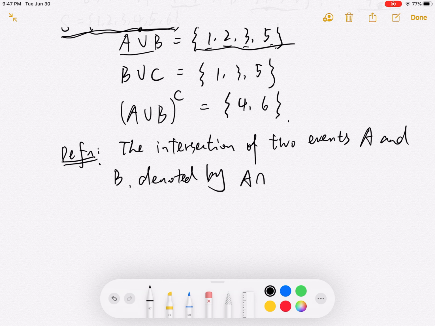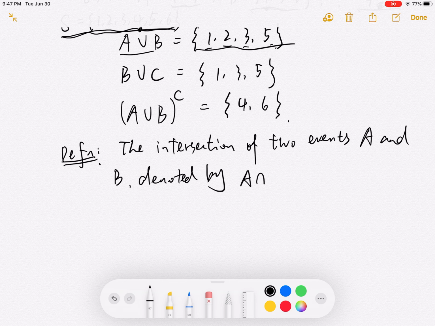And then let's take a look at example number 2. So we have the sample space is equal to 1, 2, 3, 4, 5, 6. Now in this case, A is equal to the set with only one element, 2, so A is an event because A is a subset of S. Or let's say B is equal to the set that contains 1, 3, and 5.